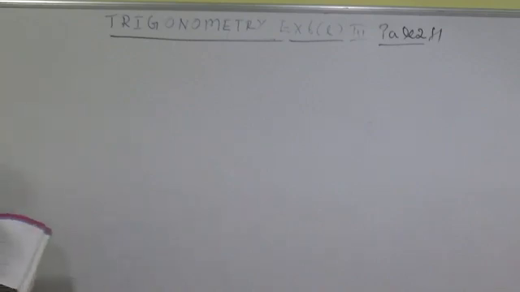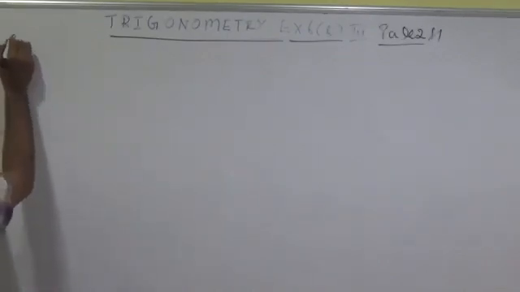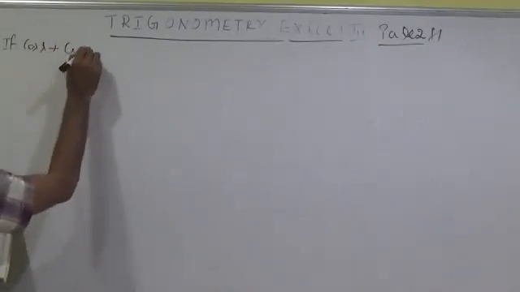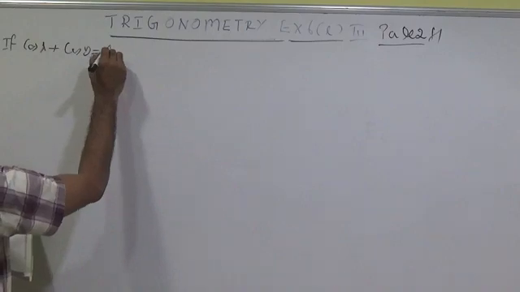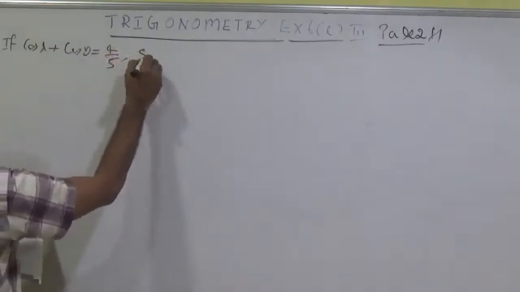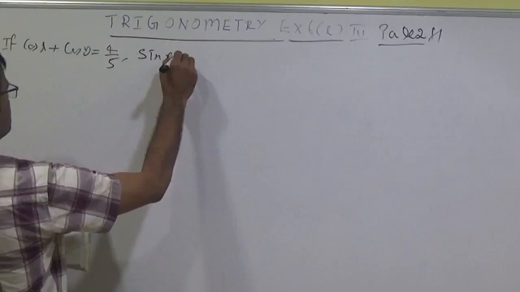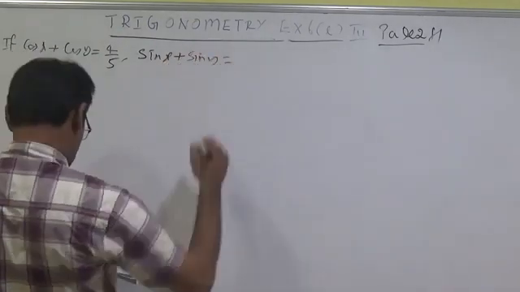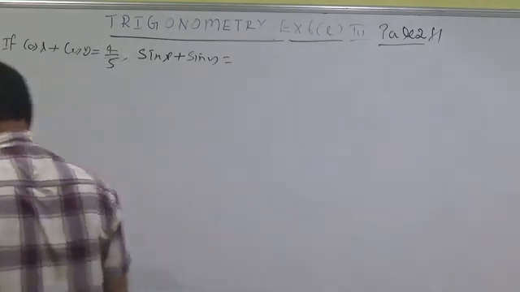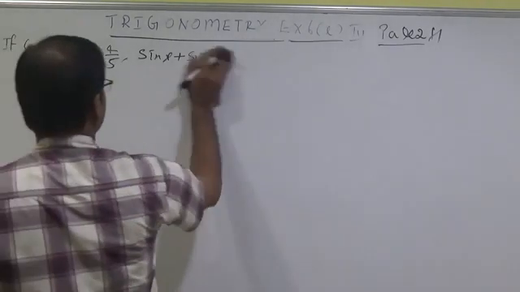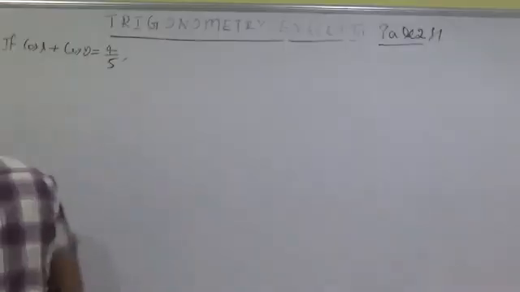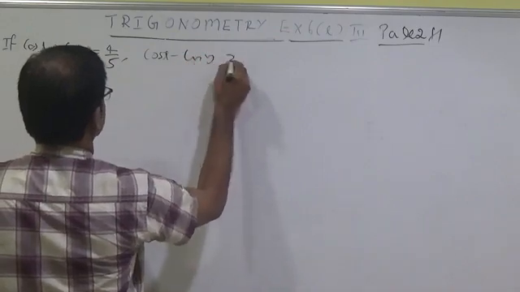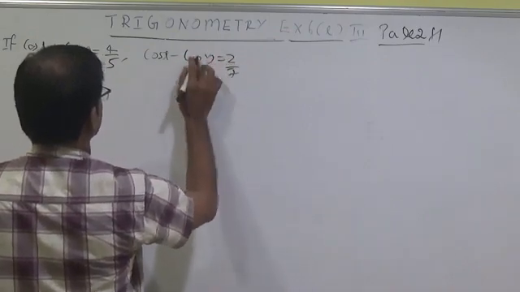Among the Roman number 3 questions, first question: if cos x plus cos y is equal to 4 by 5, no, it is cos x minus cos y given as 2 by 7.